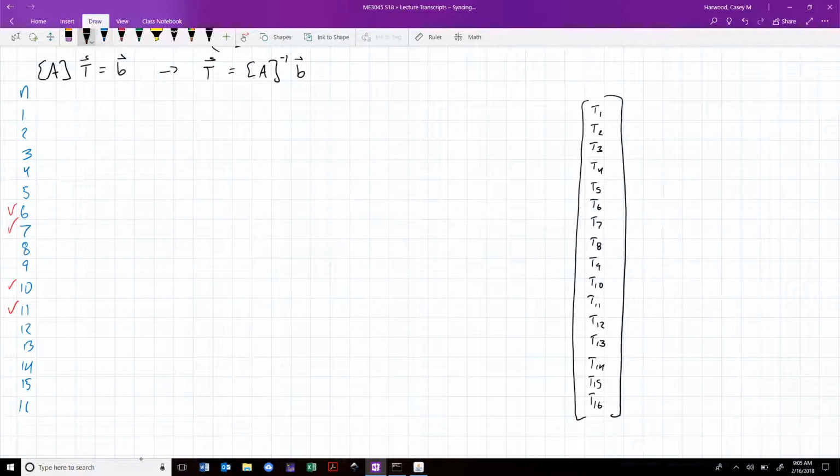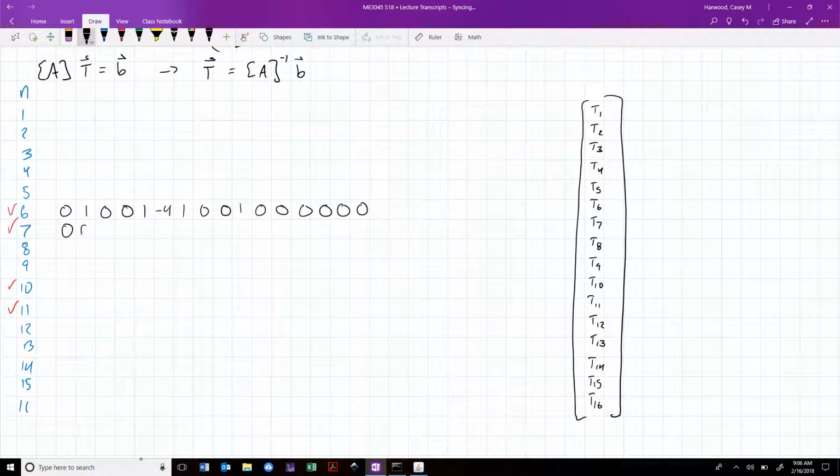If we write our system of equations out at just those nodes using this matrix form, what we're going to end up with is something that looks like this. 0, 1, 0, 0, 1, negative 4, 1, 0, 0, 1, 0, 0, 0, 0, 0. At 7, it's just going to be shifted over by 1. 1, 4, 1, 0, 0, 1, 0, 0, 0, 0.